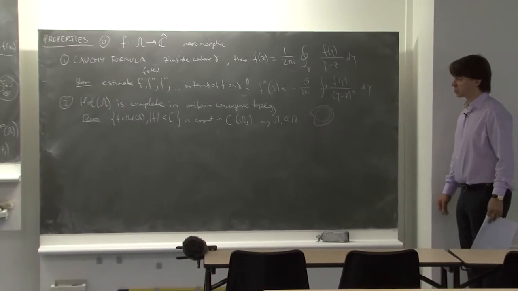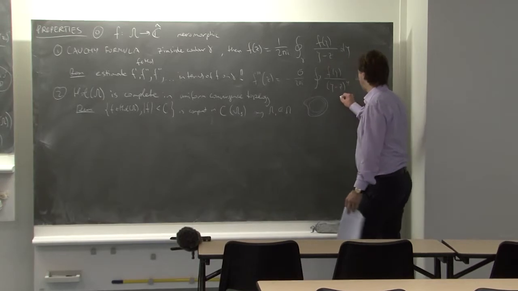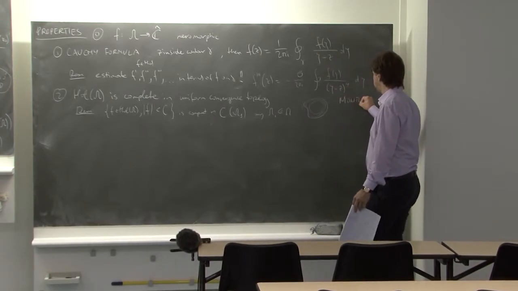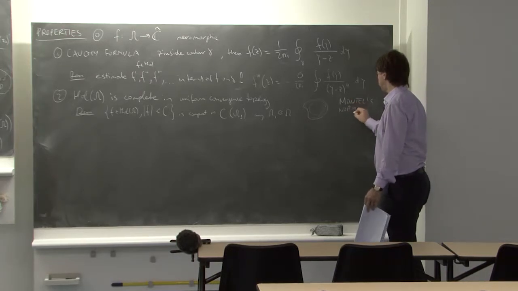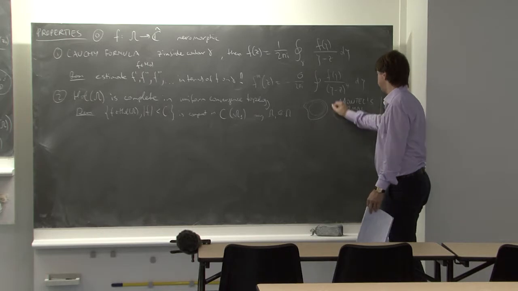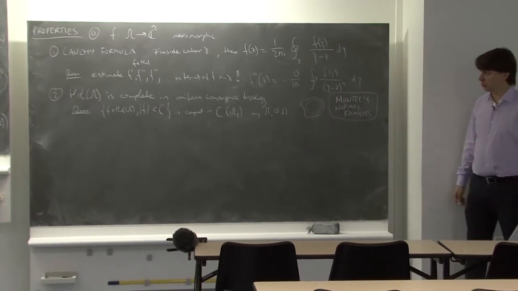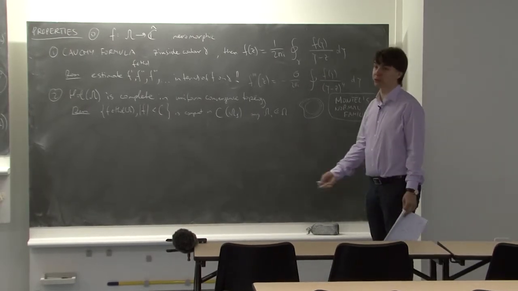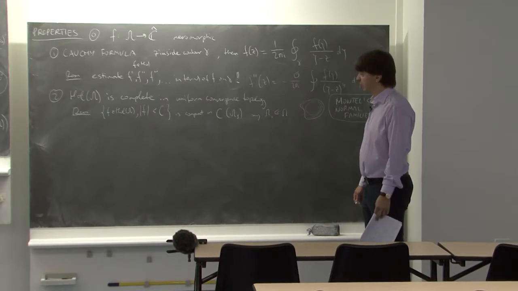So this is actually a very nice property. There is a whole theory, usually called the theory of Montel's normal families. We will use it, but when we come to use it, I will just do it at that place and time.